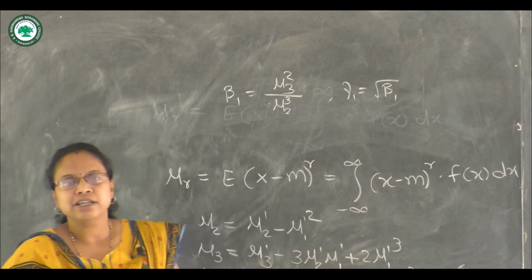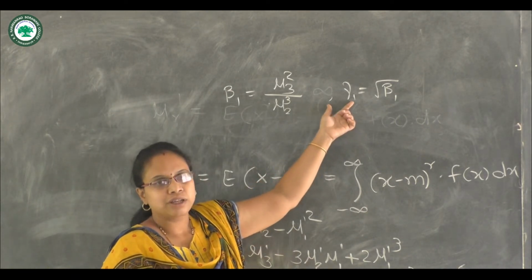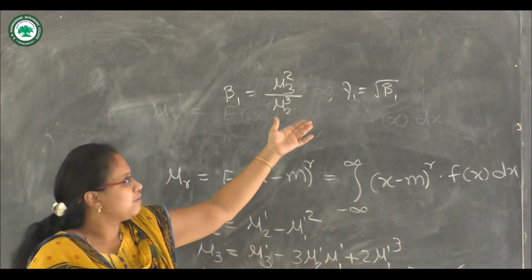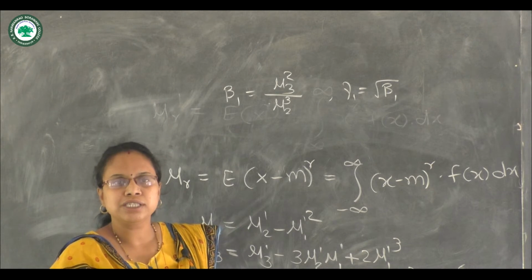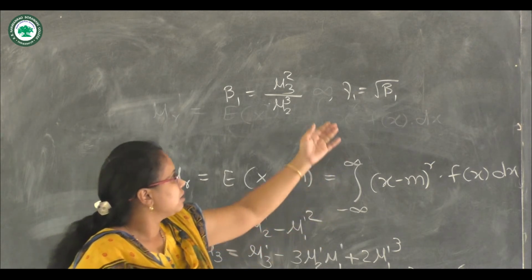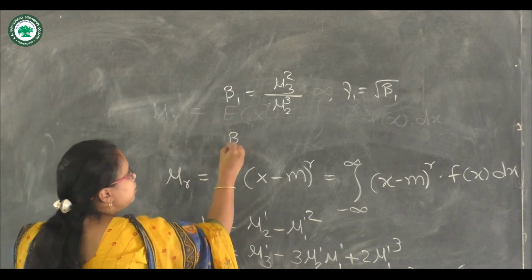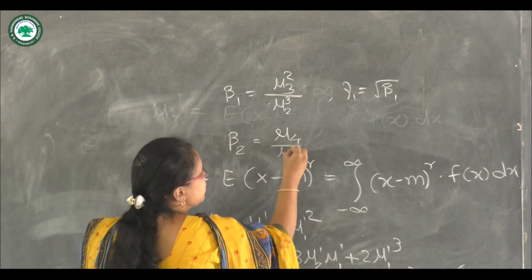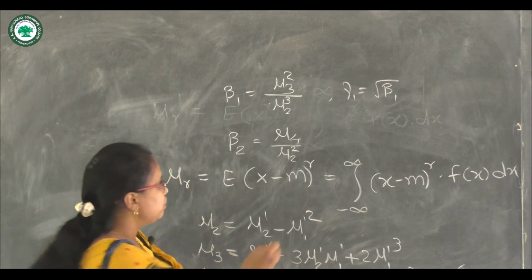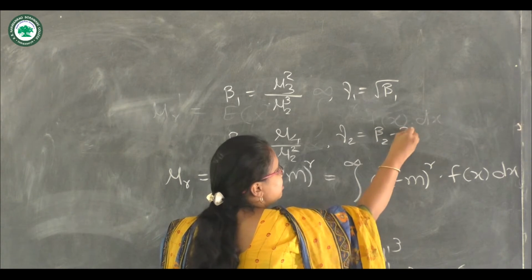Here we know that if this gamma 1 is less than 0, equal to 0, or greater than 0, we can tell about the symmetry of the distribution. We can find beta 2 as mu4 upon mu2 square, and gamma 2 equals beta 2 minus 3.